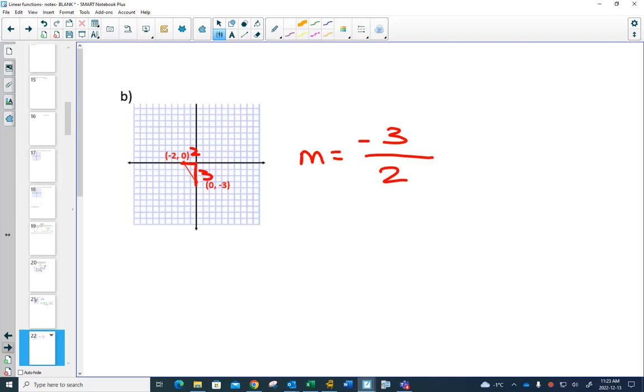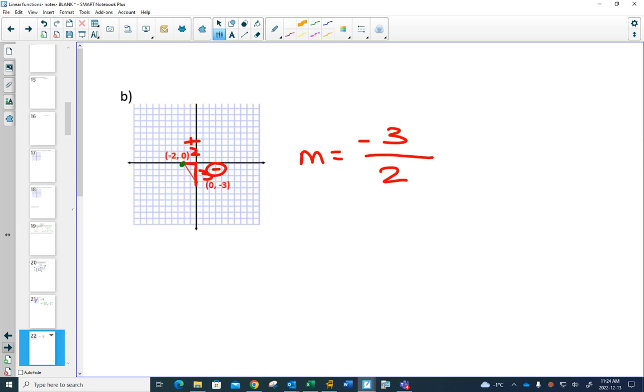But if you pick a starting point, and I'll say I'm starting at the green point. Can you see that for my run, I'm going 2 to the right? My run would be positive. But then, once I go 2 to the right, how do I get to the next point? I have to go down 3, so my rise would be negative.